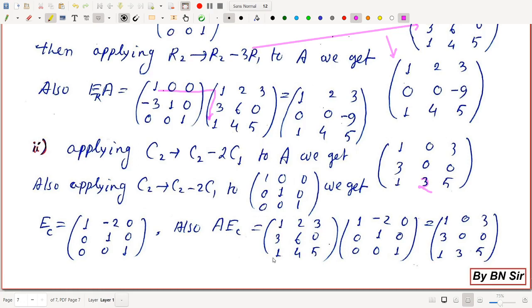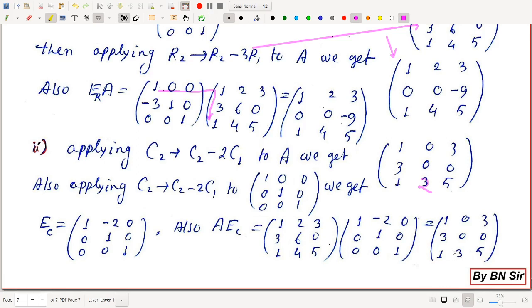If we multiply, 1 into 1, 2 into 0, 3 into 0, so 1. Then minus 2 plus 2, 3 into 0, 0. Okay.